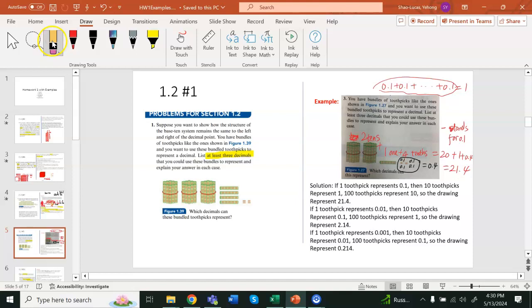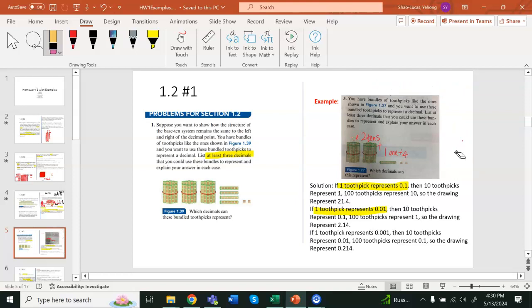Now this time I'm choosing 0.1 for 1 toothpick, but we could say 1 toothpick represents 0.01. In that case, all of this will change. The number of toothpicks won't change, but the value changes.